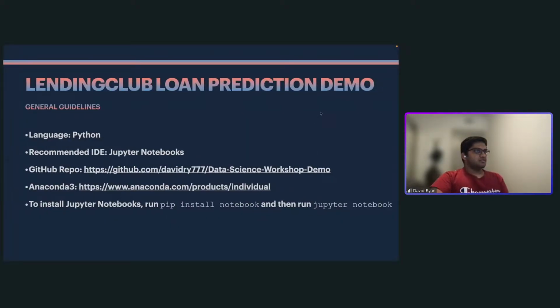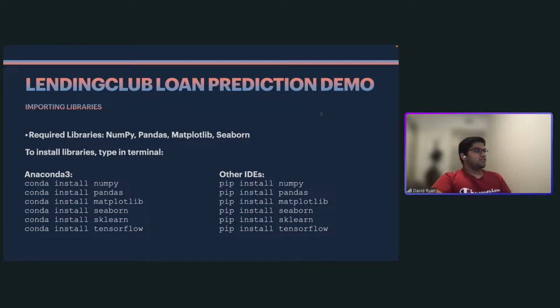While we're at it, we can talk about the libraries you'll be required to install. The six main libraries you need for this specific demo are NumPy, Pandas, Matplotlib, Seaborn, sklearn, and TensorFlow.